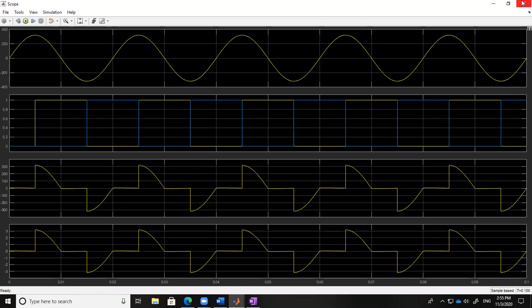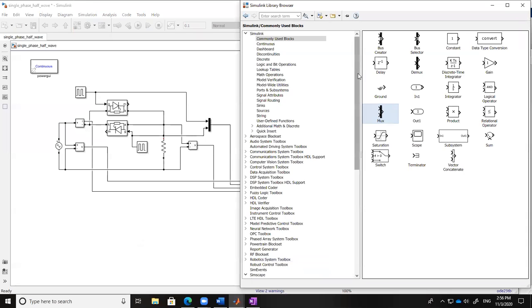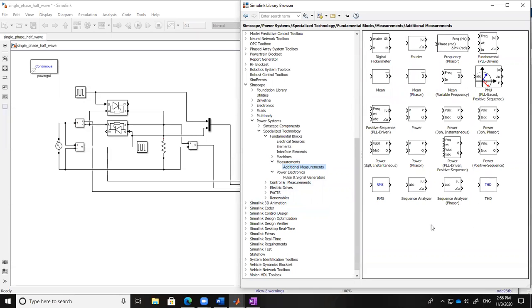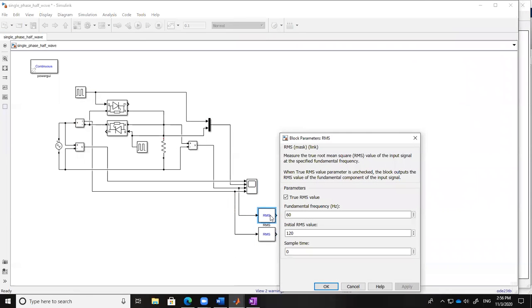After you chop the waveform, let me bring something related to measurement so that I can prove to you that this has something to do with your output. So I will bring one RMS block for voltage and one RMS block for current.